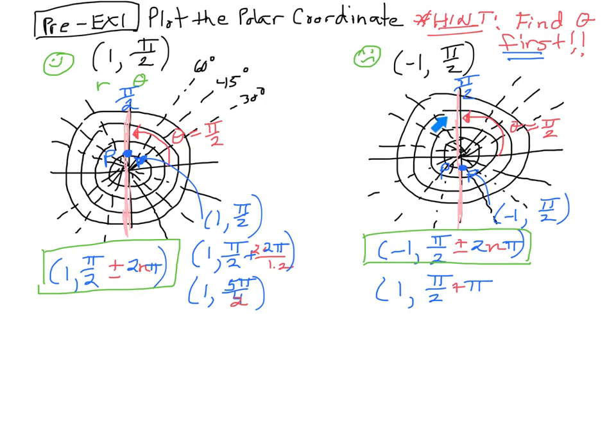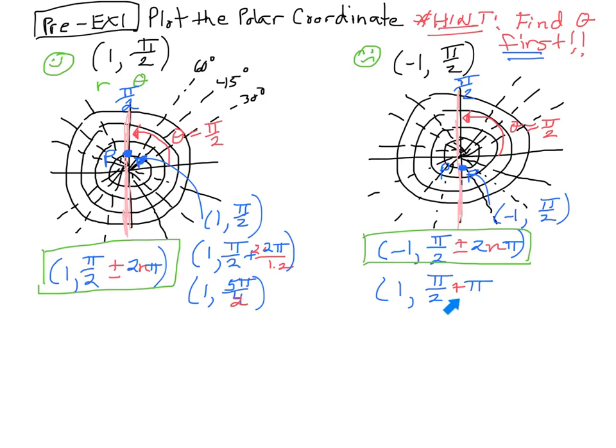Then because I'm adding pi, I end up down here at 3 pi over 2, right? And because my r is 1, this is the terminal side of my new theta. My new theta adds to 3 pi over 2, doesn't it? Yep. So my actual theta here goes from here all the way to here now. And since r is positive, this is my terminal side, which is now the positive side. If r were negative, it'd shoot me through the pole and I'd be up here.